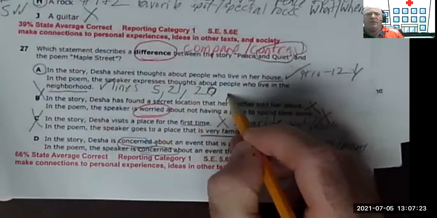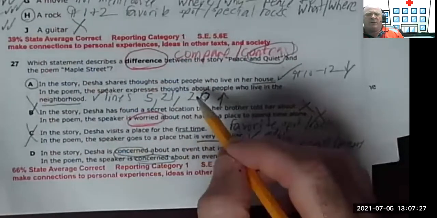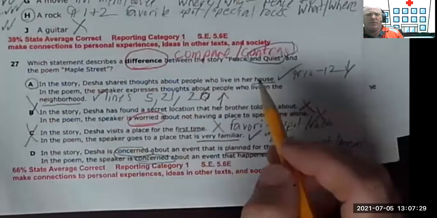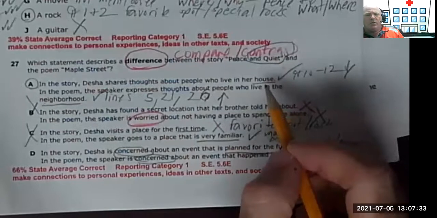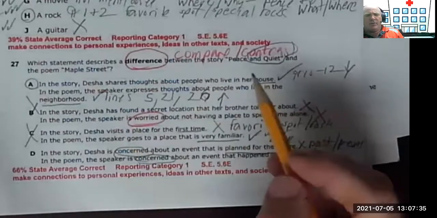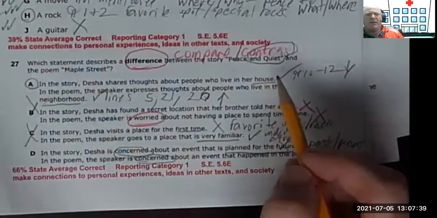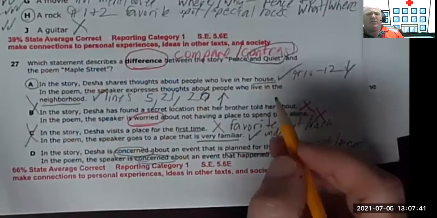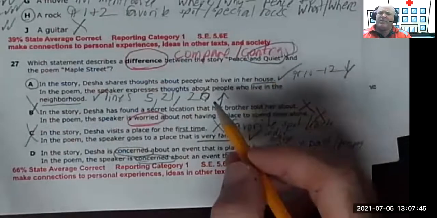Okay? There's a difference because of the place, inside my house and the neighborhood, and that Daisha's emotions are negative and the speaker's emotions are positive. So there you have it.